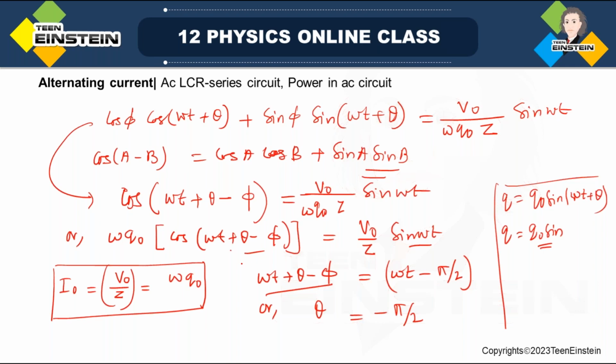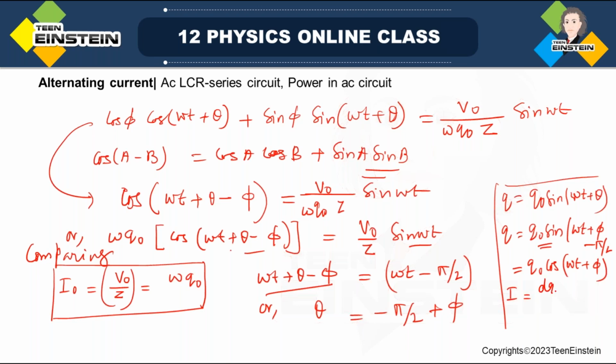Comparing these two, in place of theta we put omega t plus pi minus pi by 2. So this will be actually cos of omega t plus pi.